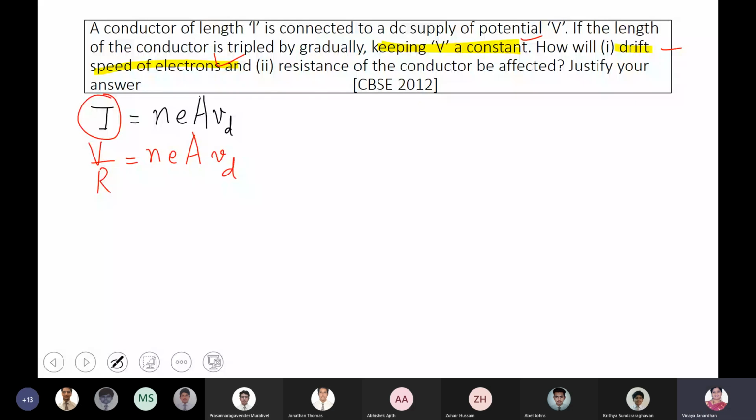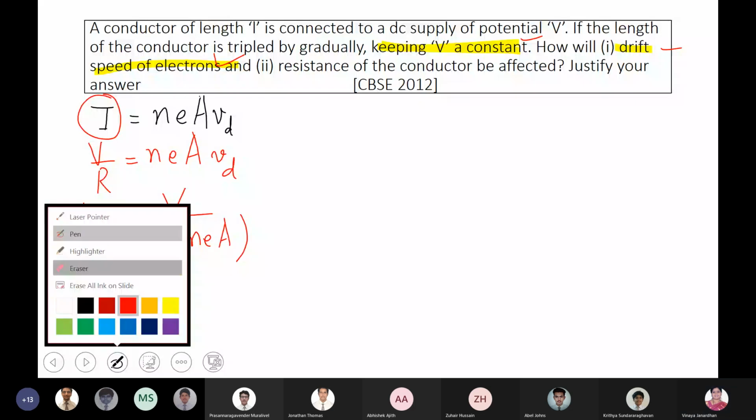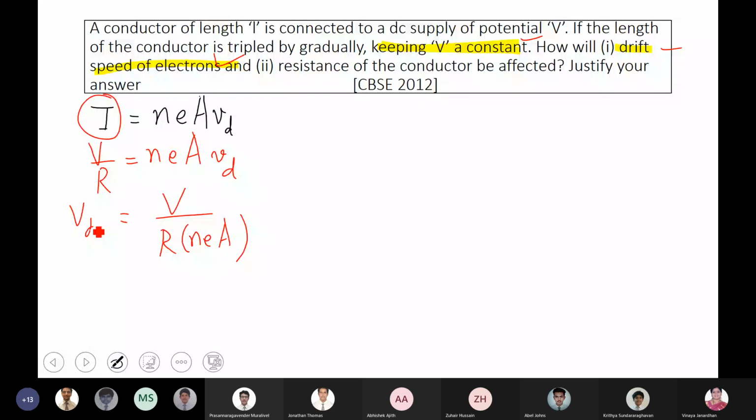So VD will be equal to V by R into NEA. Now what is R? Resistance.